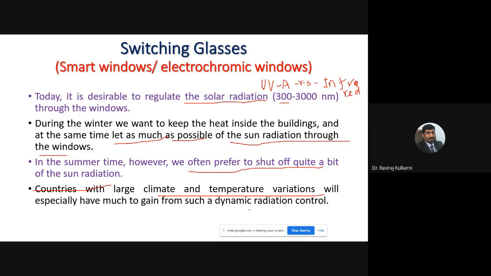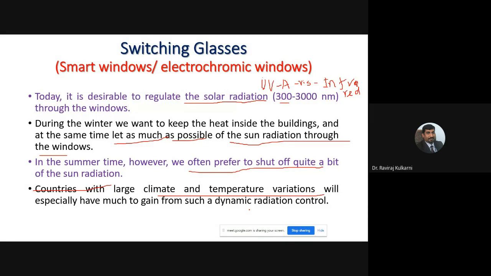At that time you need to control the sunlight. During winter we want more sunlight to hit us, to heat the building. During summer, we don't want the light to enter. We want to protect ourselves from the sunlight.